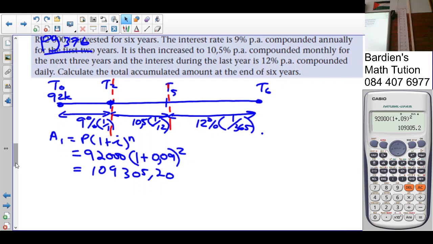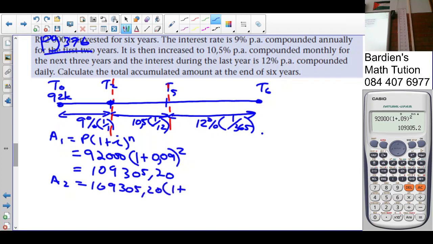Now what? A2 is going to give us this amount, which is 109,305.20 into 1 plus 0.105 over 12 to the exponent 12 times. How many years is that for, people? 3 years.